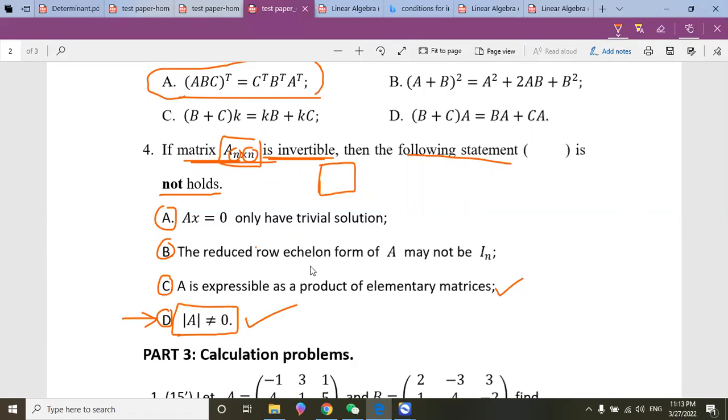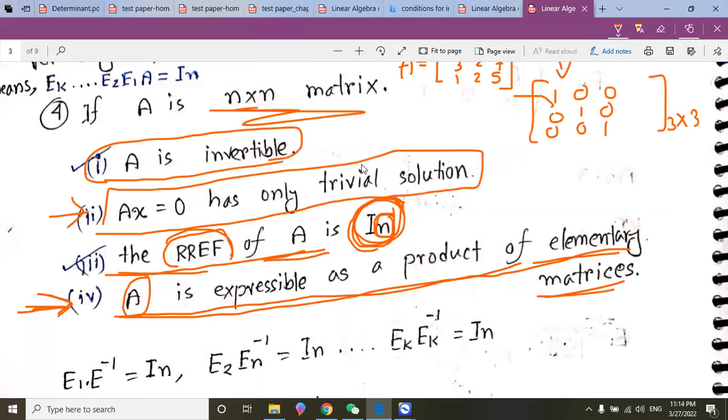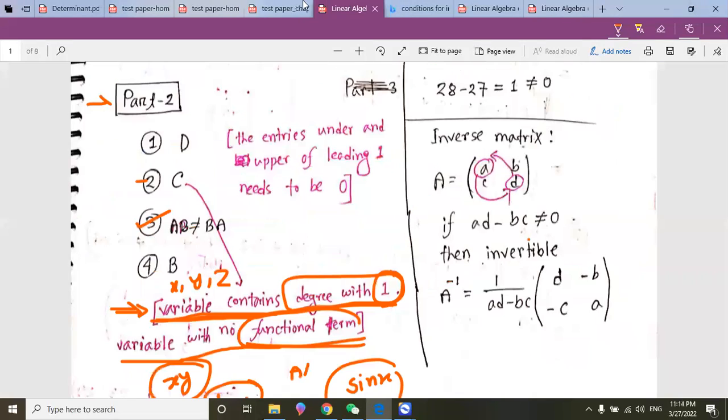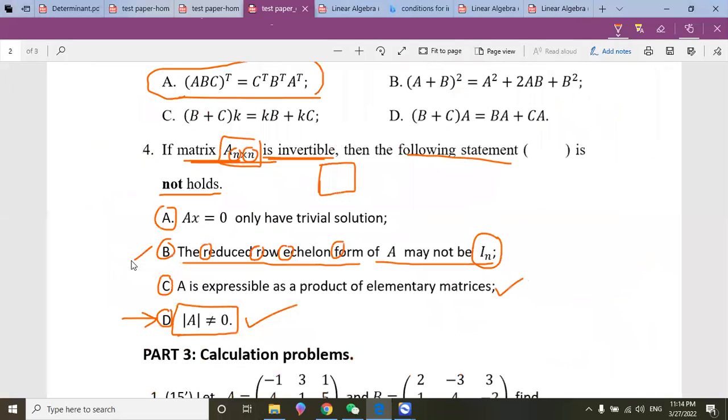And the second condition, the reduced row echelon form, or RREF. The RREF of A may not be an identity matrix. But we know that it will be an identity matrix of size n. So this condition here is not true, right?